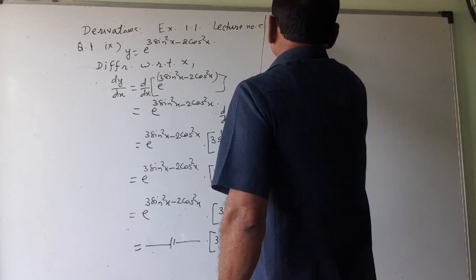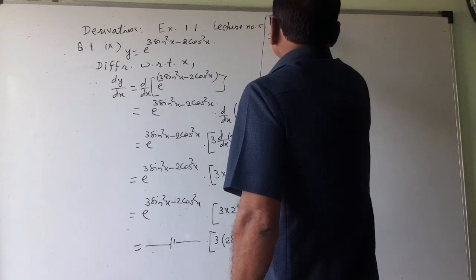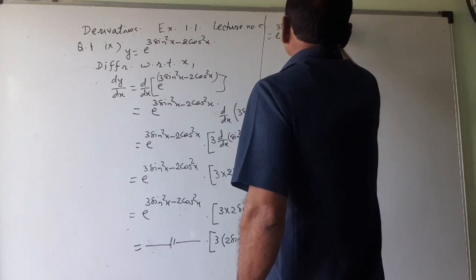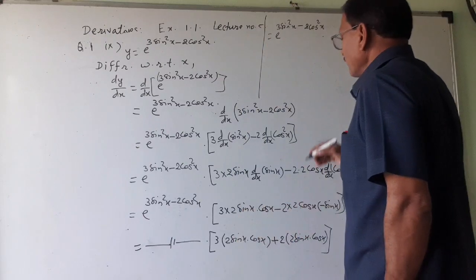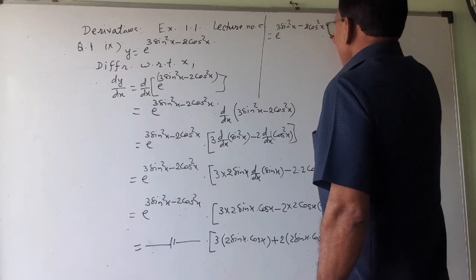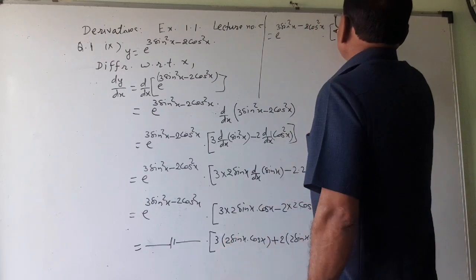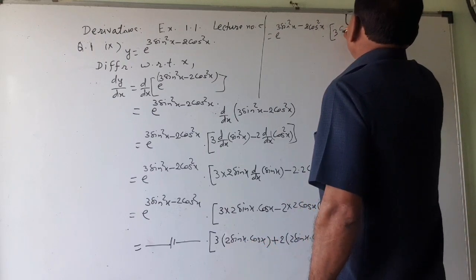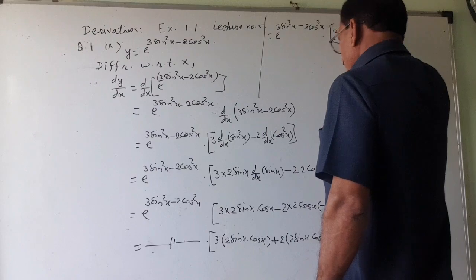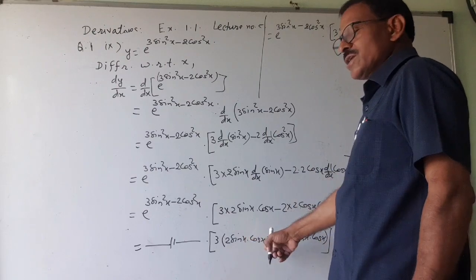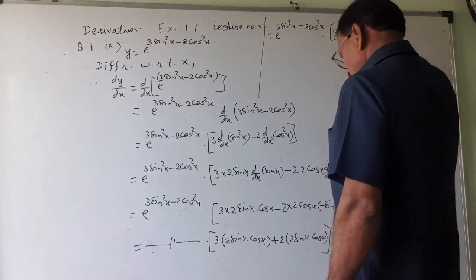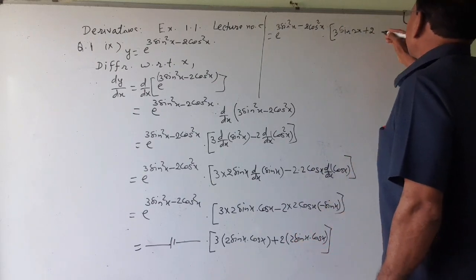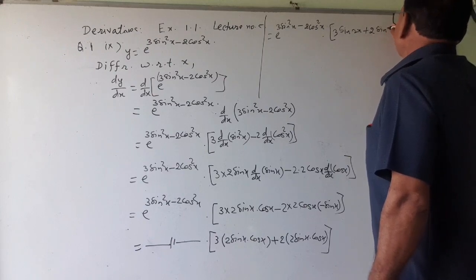This is equal to e raised to 3 sin square x minus 2 cos square x into, now this part you see 3, and just now I have explained 2 sin theta cos theta is equal to sin 2 theta. So 3 sin 2x plus this is also 2 into sin 2x.